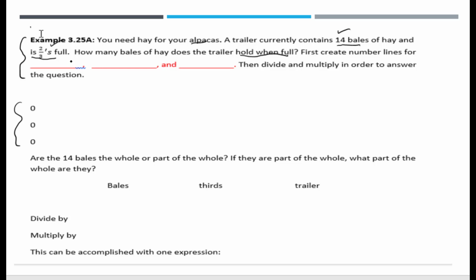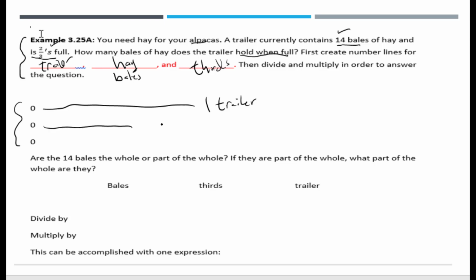So the number lines I'm going to use are the trailer, hay bales, and I have thirds. So here is one trailer. And that one trailer, we don't know how many bales of hay it holds.